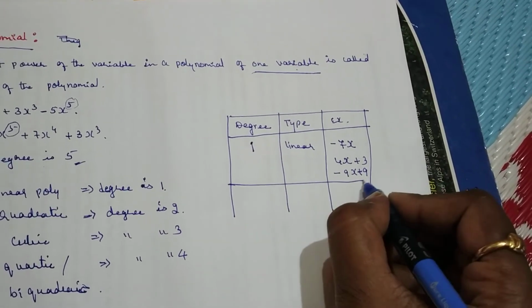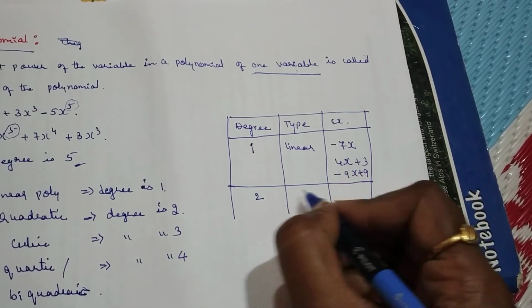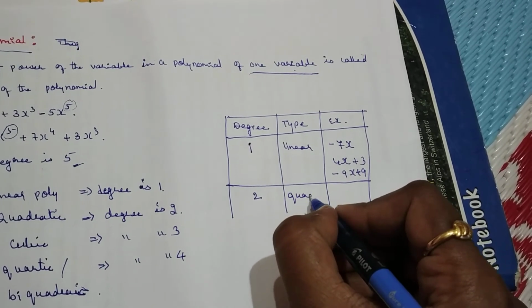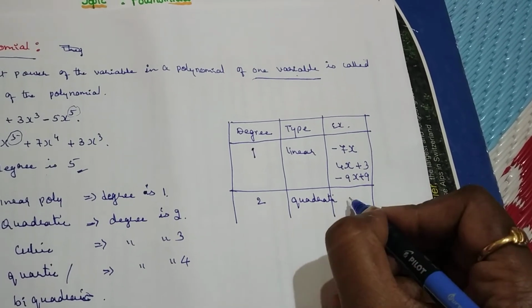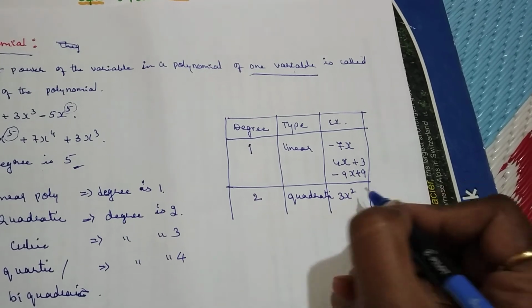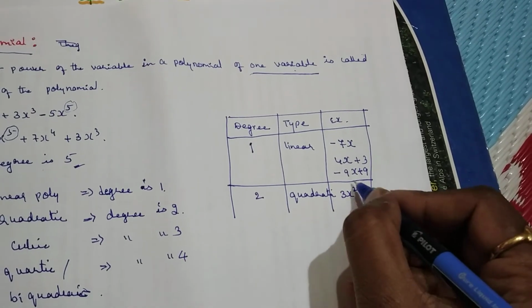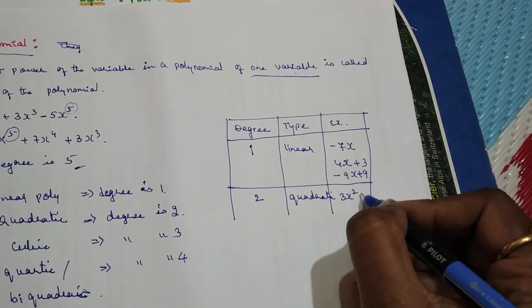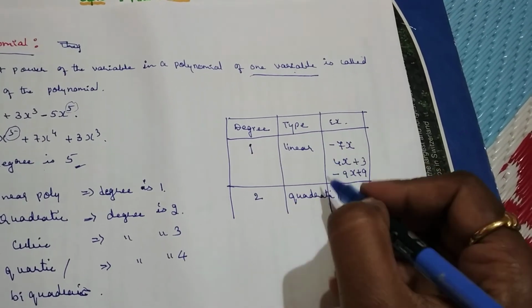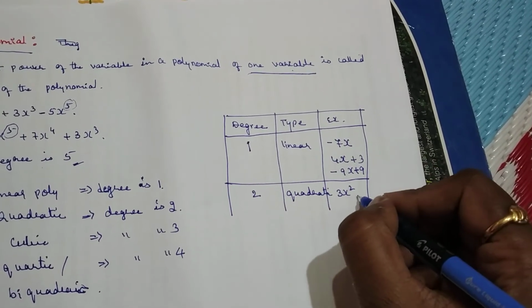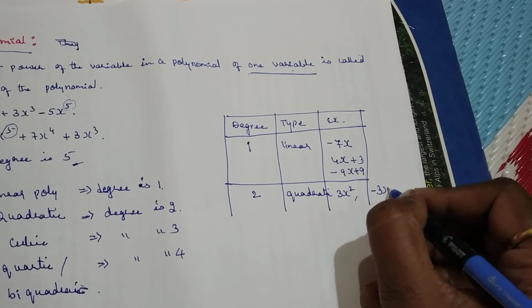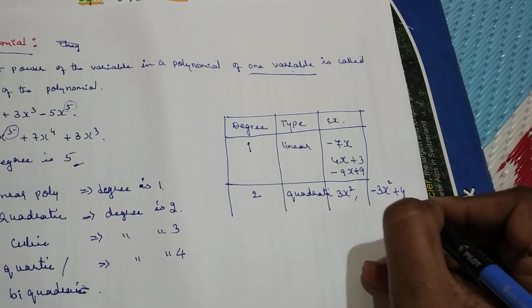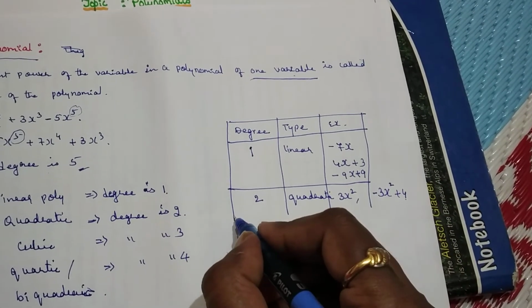Then if I go with the degree 2, then it is said to be a quadratic polynomial. Example: 3x square. Though it is a monomial, its power is 2. Therefore, this belongs to quadratic polynomial. Next, minus 3x square plus 4. So these are the examples for quadratic.